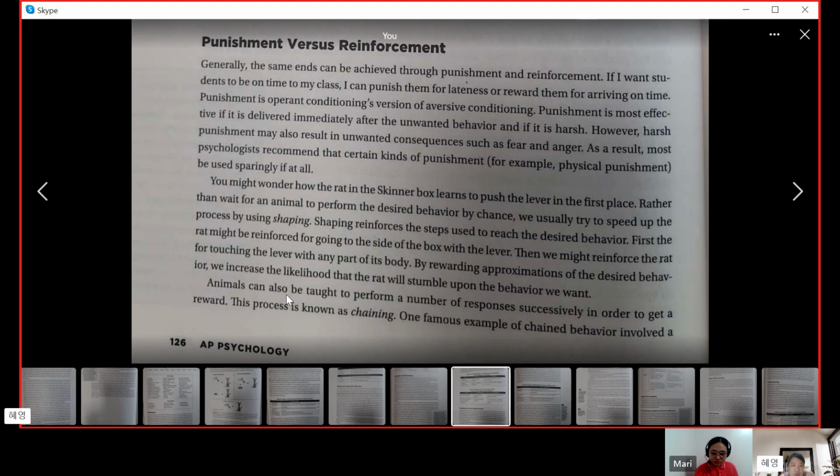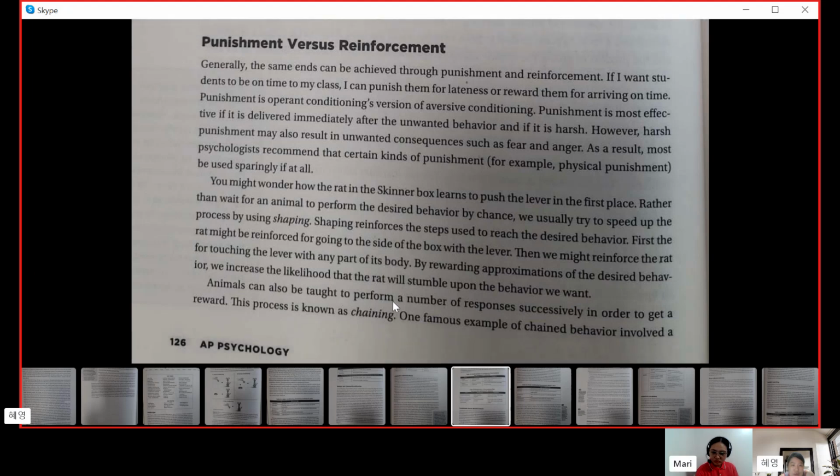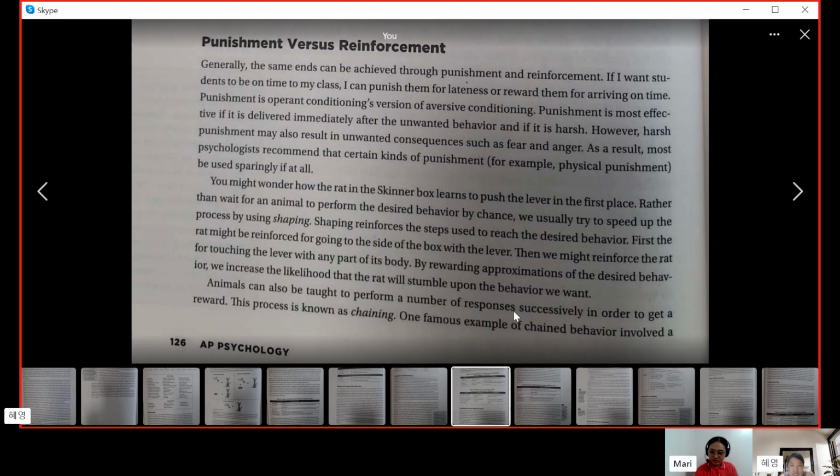Animals can also be taught to perform a number of responses successively in order to get a reward. This process is known as chaining.